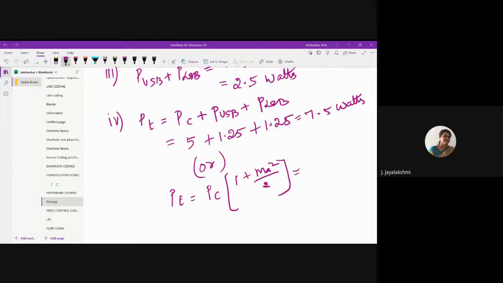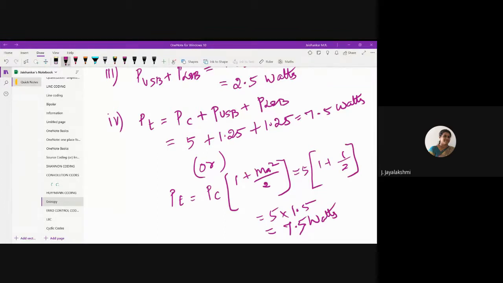So this is equal to 5 into 1 plus 1 by 2, or 5 into 1.5, which is also 7.5. So you will be getting the same answer.